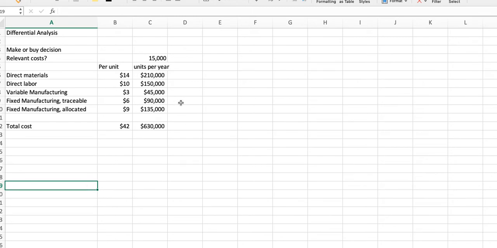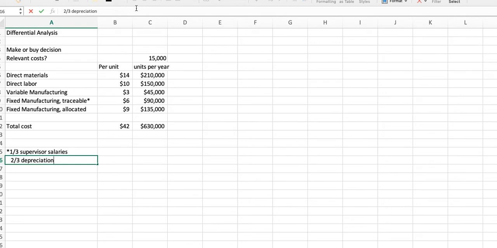And on this right here, this fixed manufacturing traceable, a little bit more information for you here. One-third of this is supervisor salaries, and two-thirds is depreciation of special equipment.